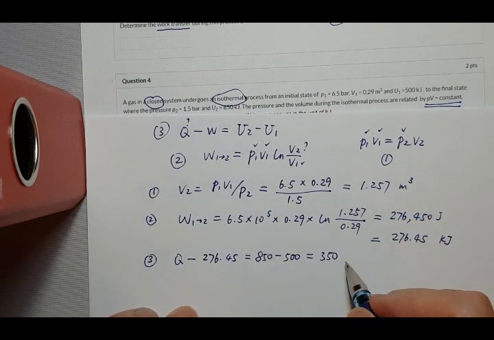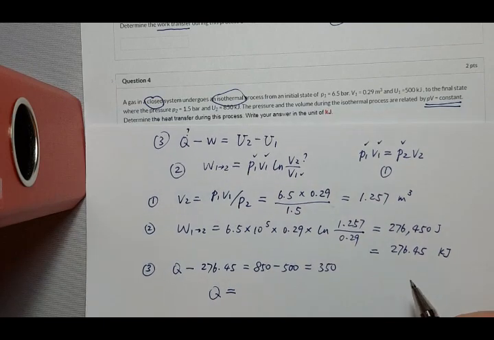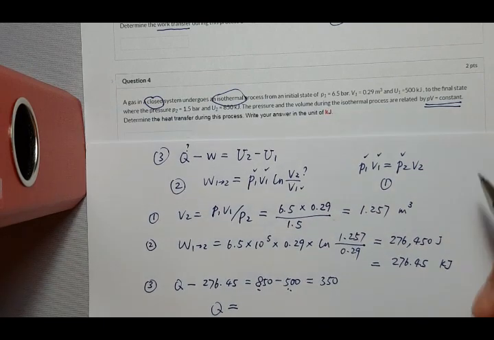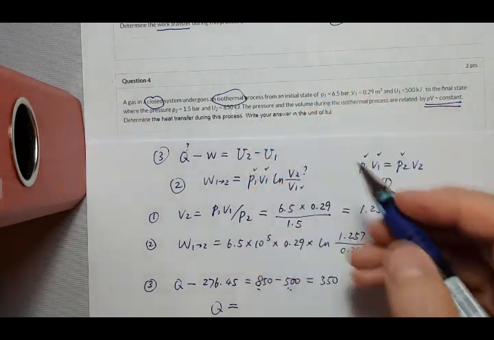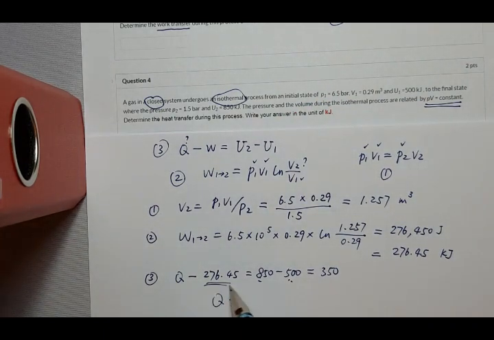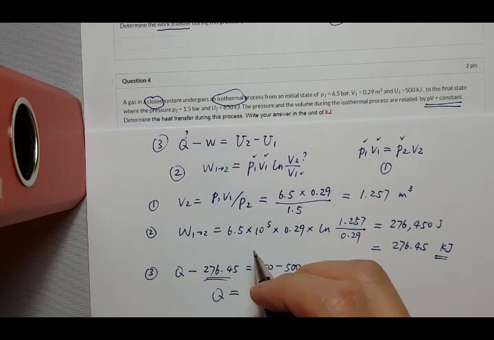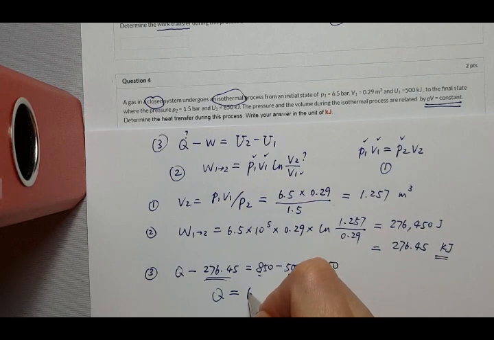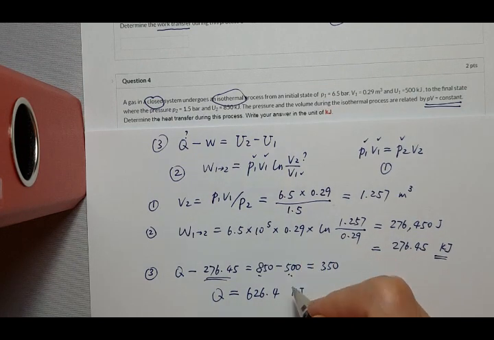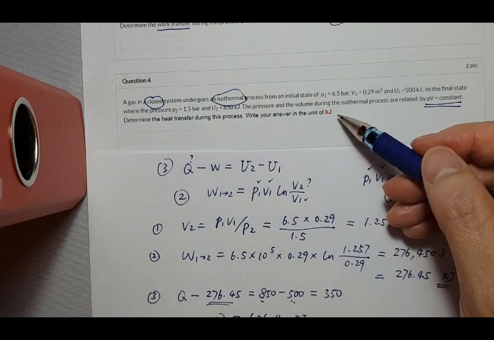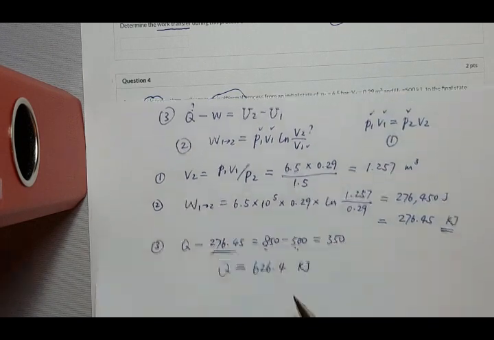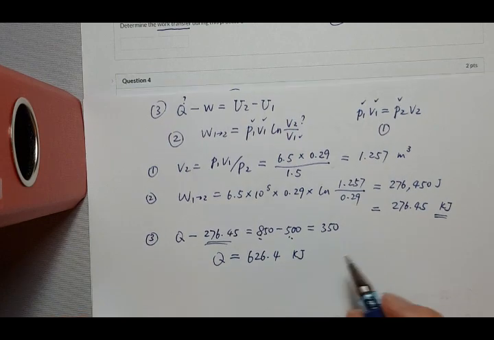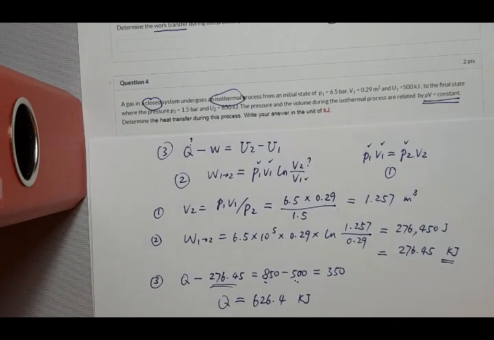Just move this one over there, so you can calculate Q. These two numbers are in kilojoule, and we just check that this one is in kilojoule as well, so everything is in kilojoule. So the final answer is 626.4 kilojoule, as requested here. The final answer must be in kilojoule. So that's the final answer. That's all four questions in quiz 1.